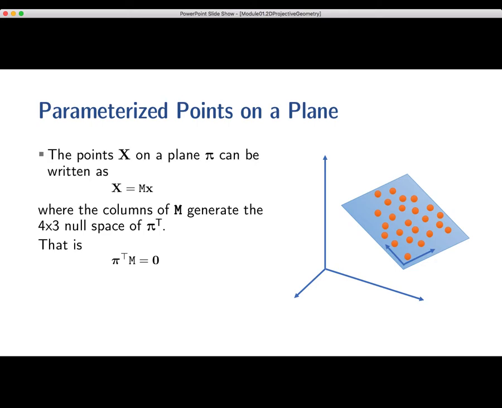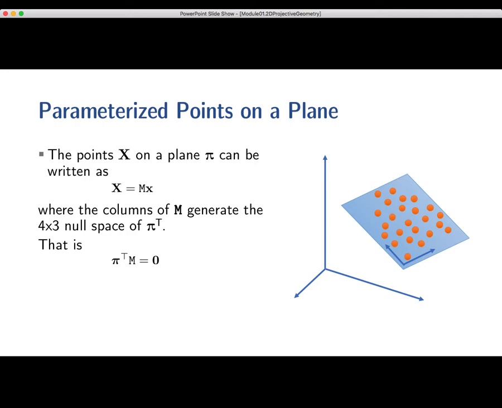So pi transpose M should be 0, where M is those x1, x2, x3. Now if pi transpose M is 0 and pi is just one row, then M is the 3-dimensional null space of pi transpose. Is that argument clear? Okay, so that's why this holds.